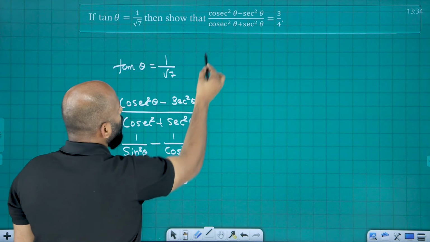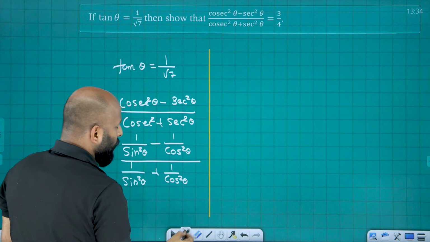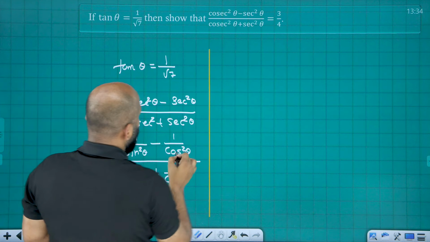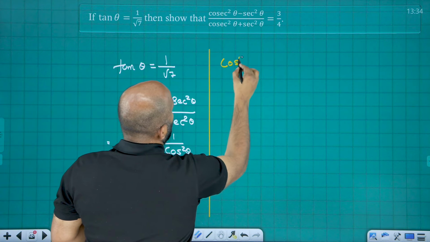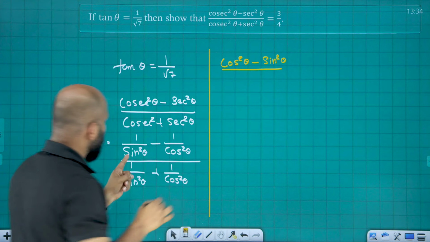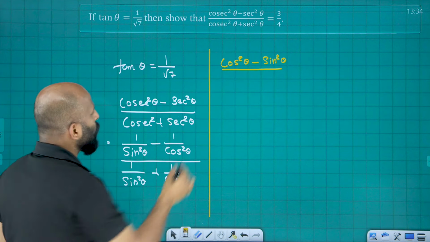Now, what can we do here? We can cross multiply this one. When we cross multiply, the numerator will be cos square theta minus sin square theta, divided by sin square theta into cos square theta.